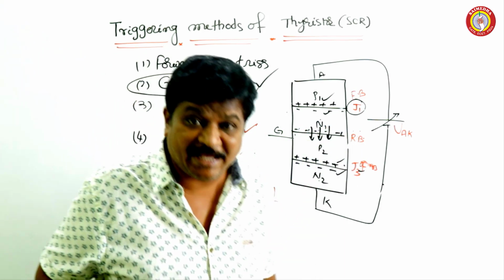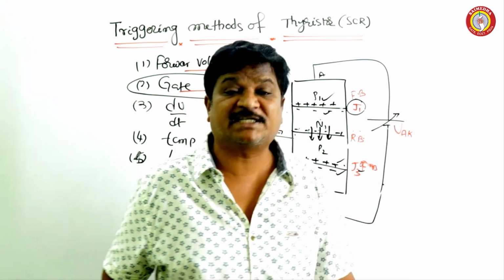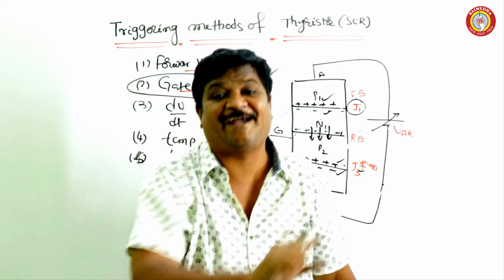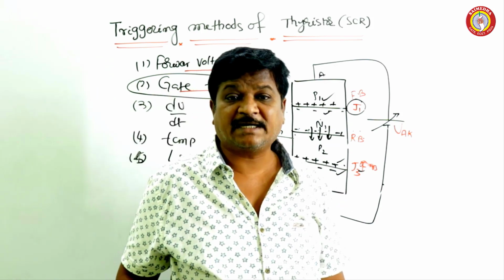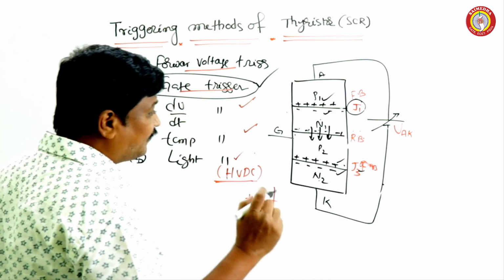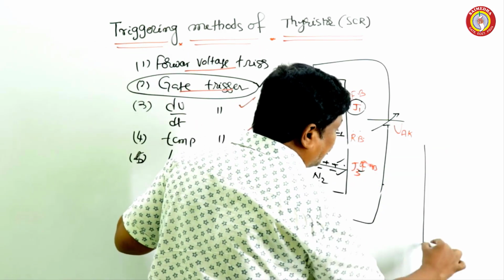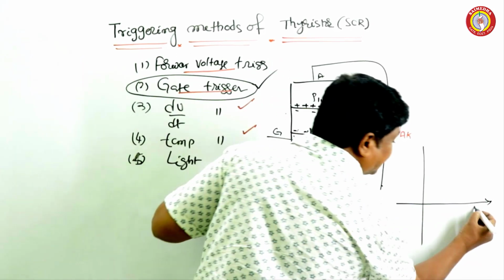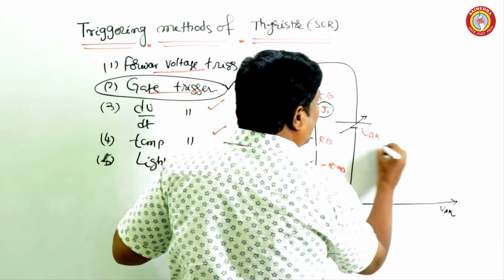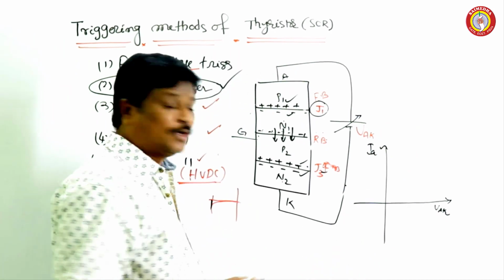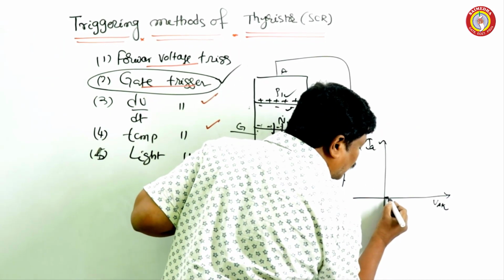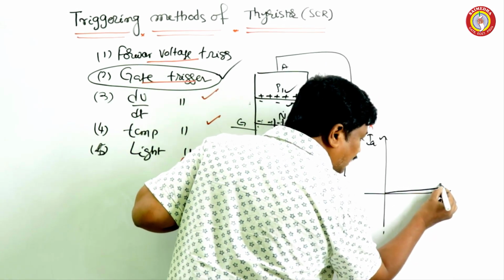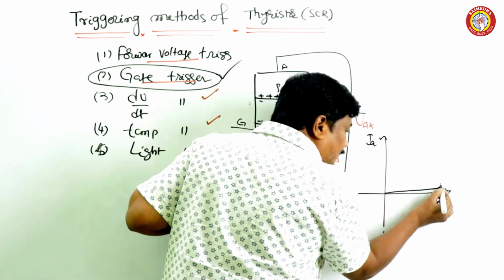But the applied voltage must be greater than or equal to the forward breakover voltage. If you see the characteristics of an SCR, this is the voltage VAK versus anode current IA. As you increase the voltage, there is no current; at some point the voltage reaches the forward breakover voltage.